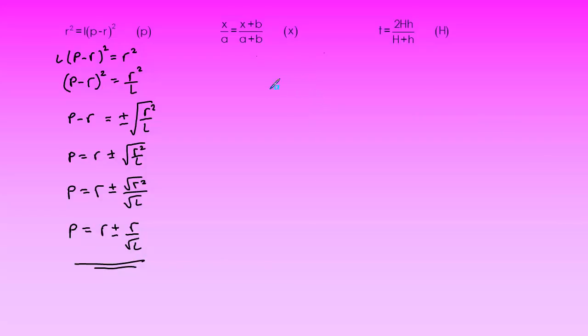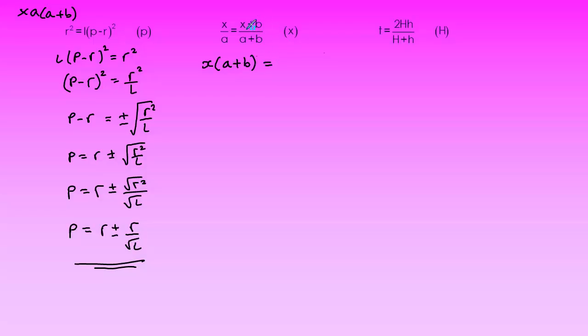Now perhaps the most difficult examples are where the letter we're trying to get, in this case x, appears in more than one place. Now we have fractions here. We can get rid of those fractions by multiplying both sides by a plus b. Some people refer to this as cross-multiplying. If we multiply this side by this, the a's will cancel, and we end up with x multiplying a plus b.